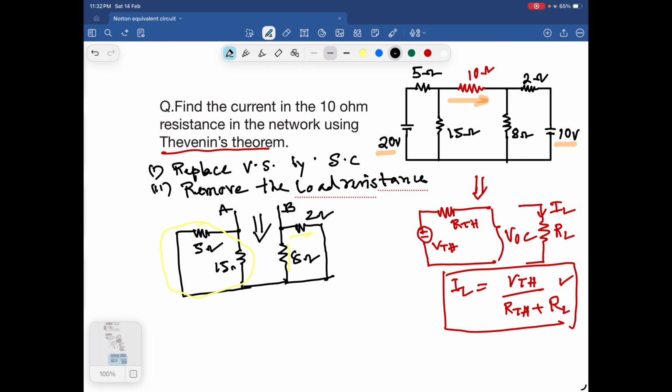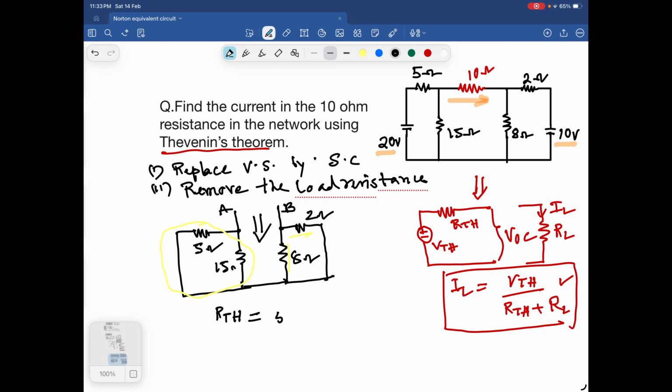So we have to find out RTH. The equivalent resistance of this network can be found as follows. In this diagram, 5 and 15 are in parallel, and 2 and 8 are in parallel, then in series.